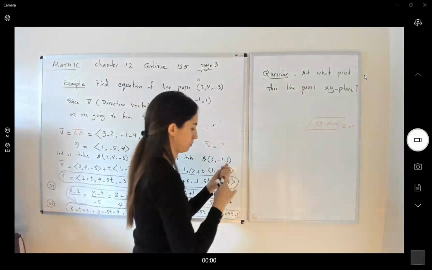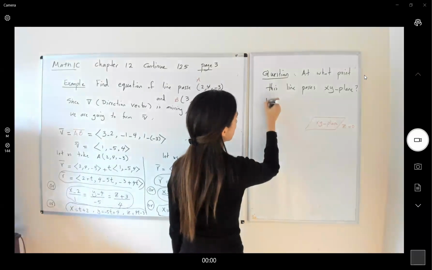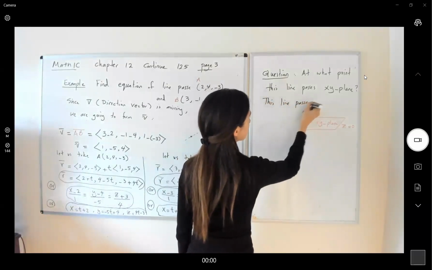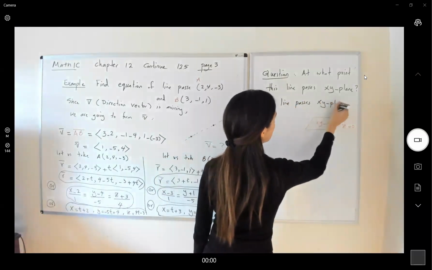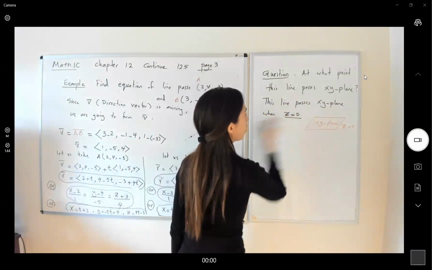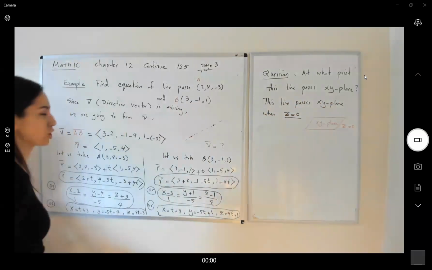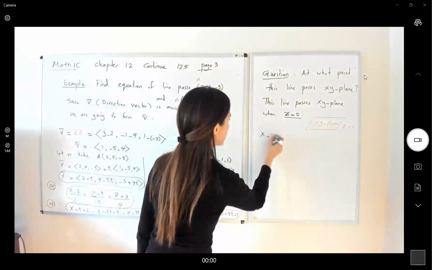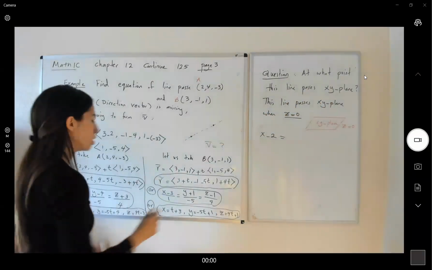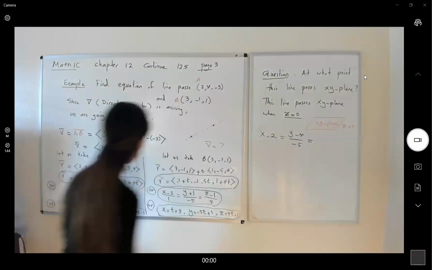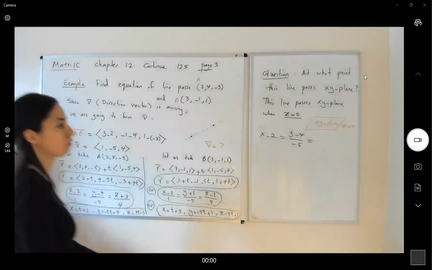So this line passes the xy plane when z is equal to 0. We have the equation of this line. Let's use the symmetric equation. x minus 2, which is equal to y minus 4 over negative 5, which is equal to z plus 3 over 4.